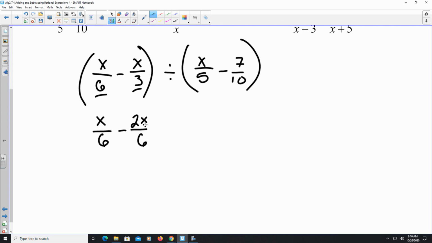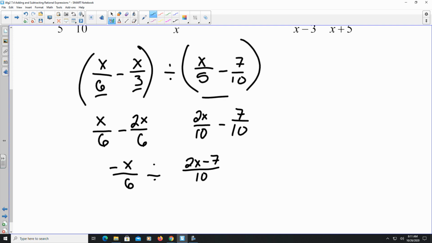This turns into x minus 2x, so that's negative x over 6, divided by, looking at the parentheses on the right, 5 and 10, so I can use 10. Multiply this one by 2, so this is 2x. I didn't do anything with this, so this is just 7. So now this is 2x minus 7, all divided by 10.